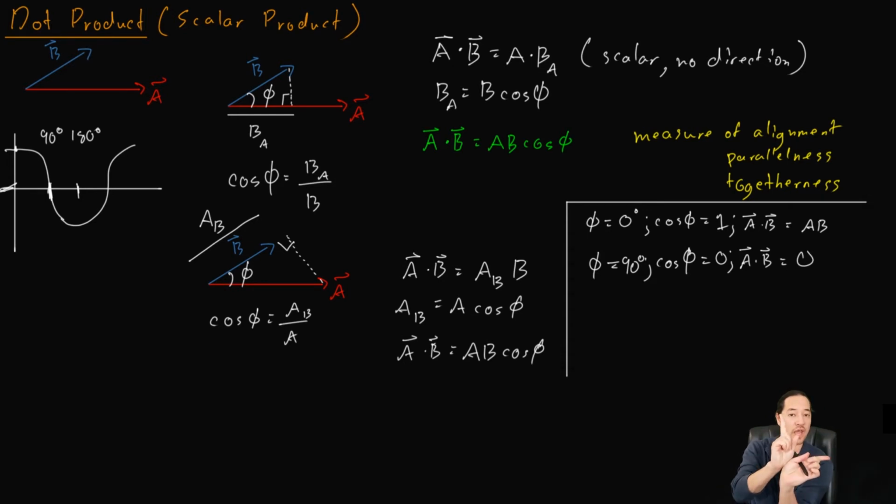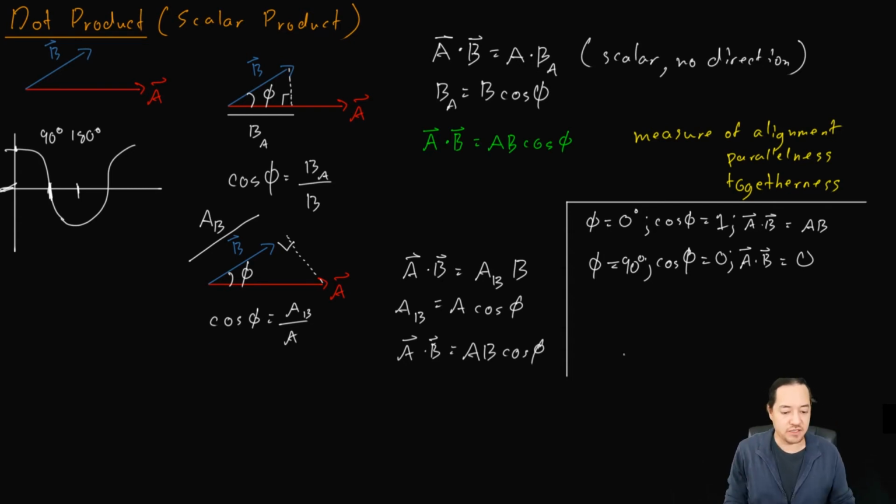So when we have a perpendicular arrangement, there is minimum parallelness, minimum togetherness. They're pushing not together at all. Minimum alignment, and so the value of our dot product is going to be 0. It's telling us that these two vectors are at 90 degrees from each other.